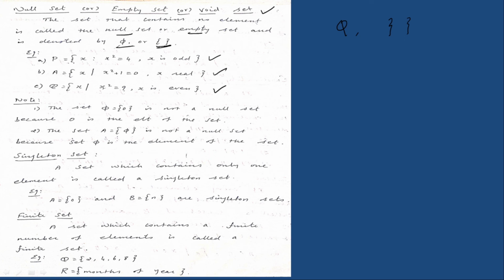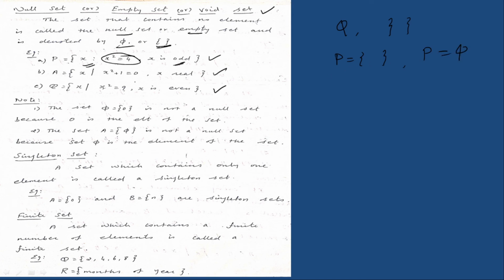Now P is the set of all x such that x squared is equal to 4, with the condition that x is an odd number. This condition doesn't hold for any odd number. By squaring an odd number, you get an odd number, but x squared is not equal to 4. So P doesn't have any element, or you can write P is equal to phi.